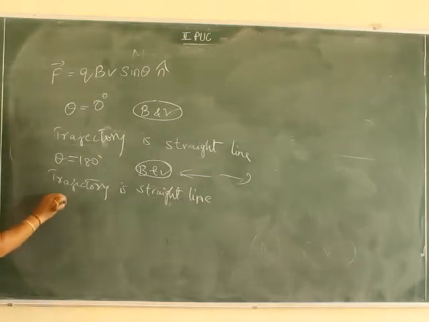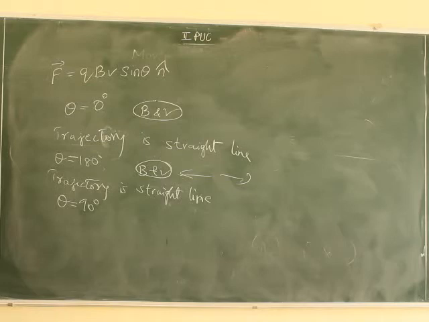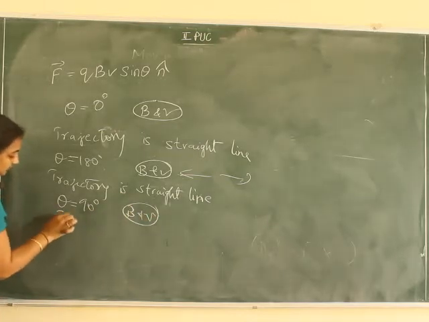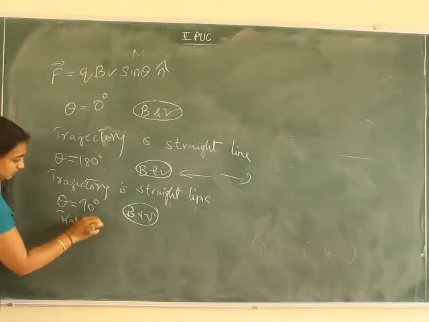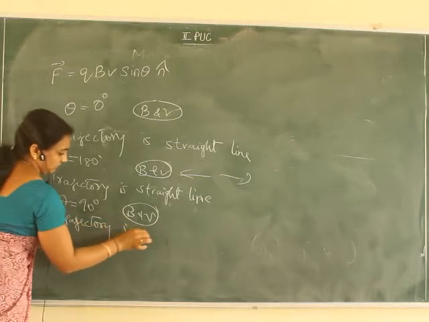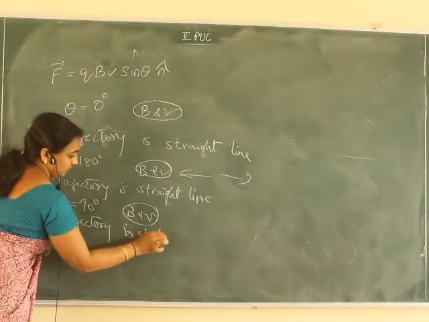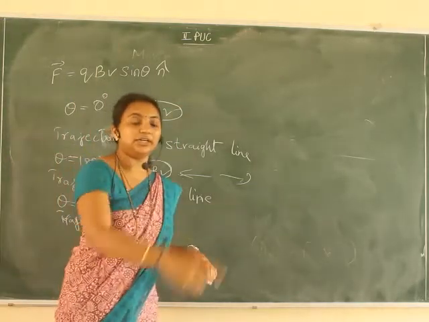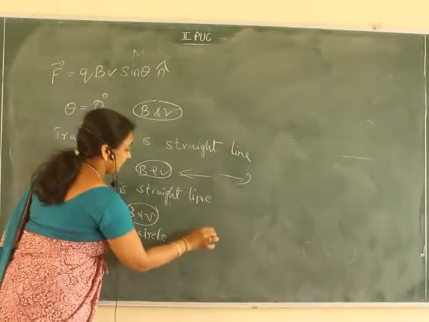If suppose theta is equal to 90 degree, then the trajectory is a circle.